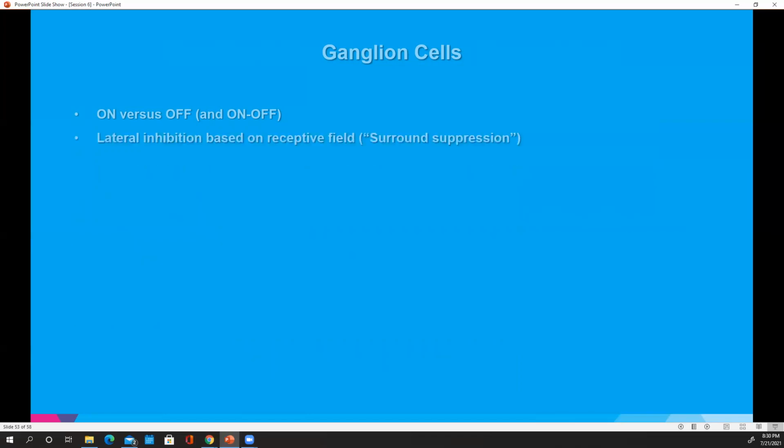And then lateral inhibition is based off of receptive field. I call it surround suppression. You don't have to care about that. On is S345 or sublamina B. Off is S12 or sublamina A. Dendritic placement is what tells you that, because it's a ganglion cell dendrite placement in the IPL. Again, we're in the inner plexiform layer. Never forget, that's where we're hanging out right now. It didn't change because we're now through the lecture.